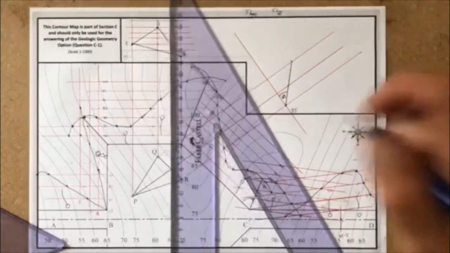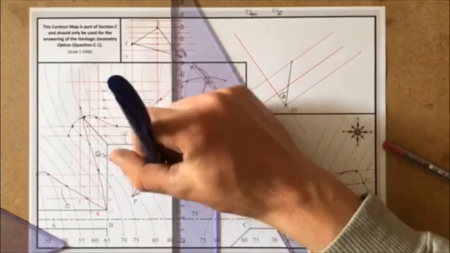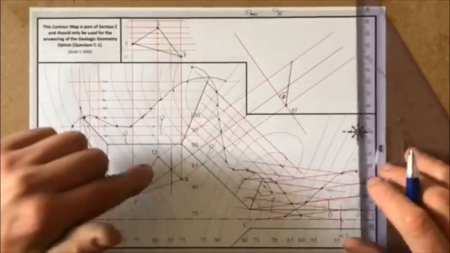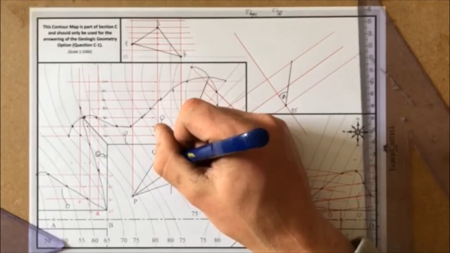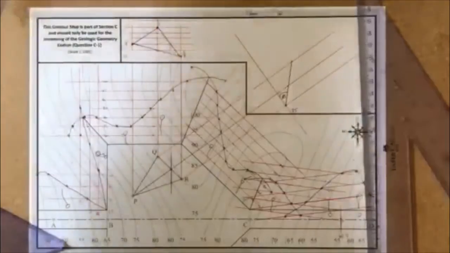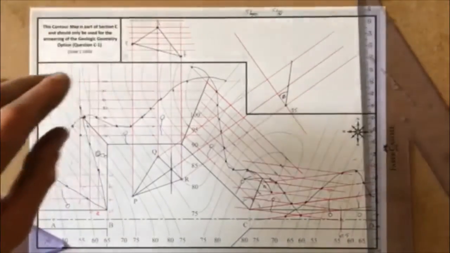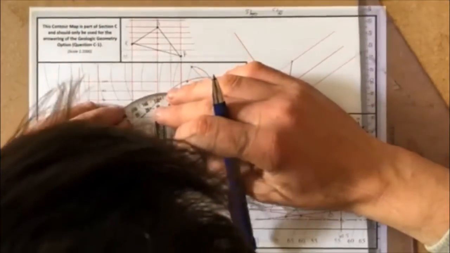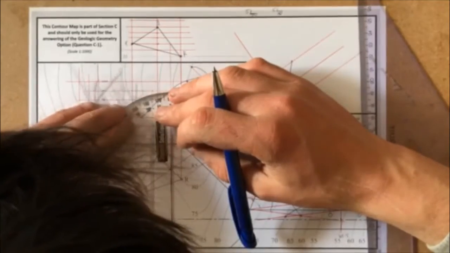My strike then is the angle that my true length line makes with the north line. So get your protractor there. Measure this angle here.